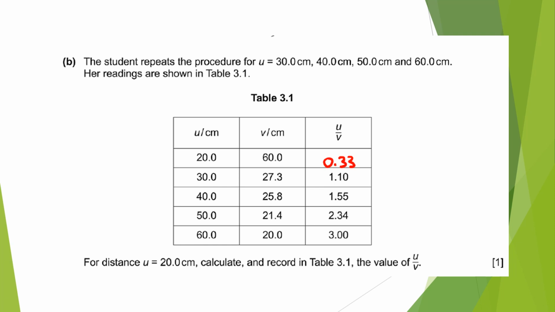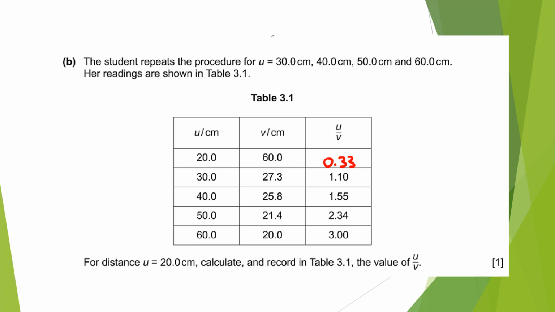why have they written 20.0? We know that the 20.0 value is 20. 60.0 is 60 only. But they made it three significant figures. So when you calculate u by v for the first object distance and image distance, we should remember that it should be three significant figures.